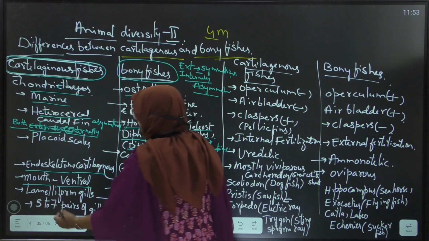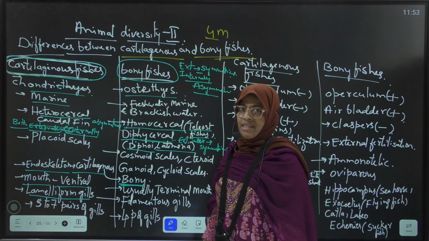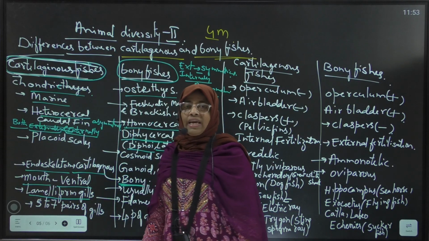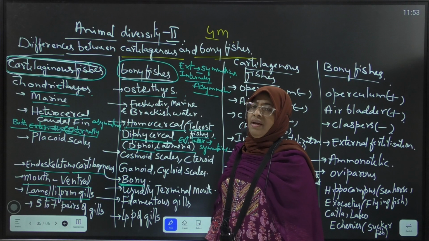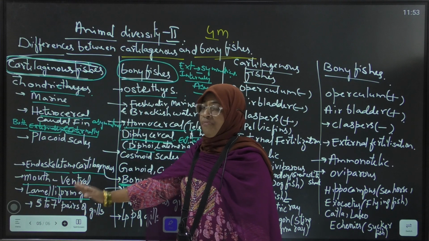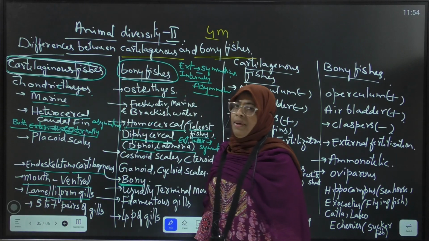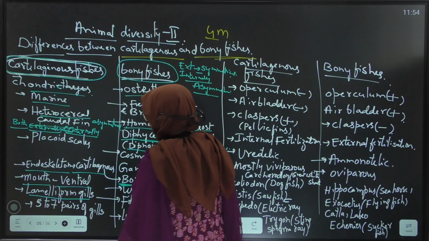Okay. Next, lamelliform gills. In cartilaginous fishes or chondrichthyes fishes, what type of gills are present? What are gills? These are the respiratory organs of the fishes. Here lamelliform gills are present in cartilaginous fishes. Lamelliform gills means plate-like gills.